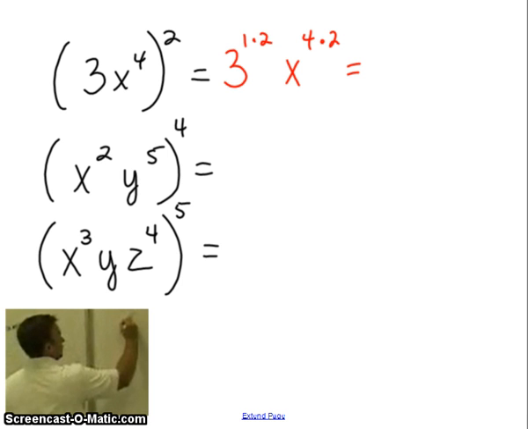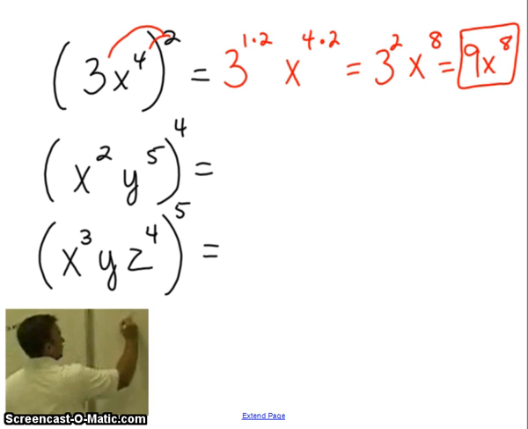It's kind of like you're distributing the exponent to both terms within the product. So we have 3 squared x to the 8th. We could simplify 3 squared, that's 9, 3 times 3. So we have 9x to the 8th.